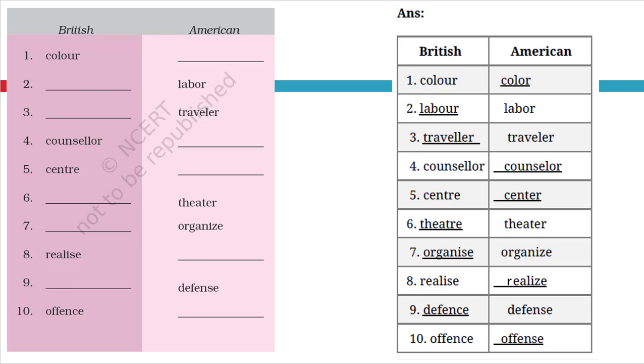You see how different it is in spelling. For colour, you see U is there. For American, it is not there. For British, U is there in labour, but in American, it is not there. In traveller, double L is there, but in American, there is not double L. Okay, so this way, it is the difference between American and British English.